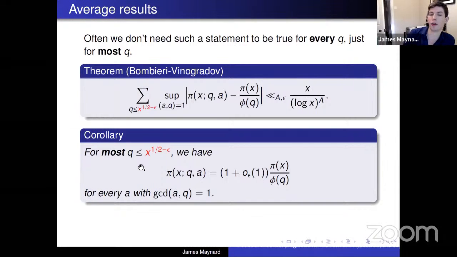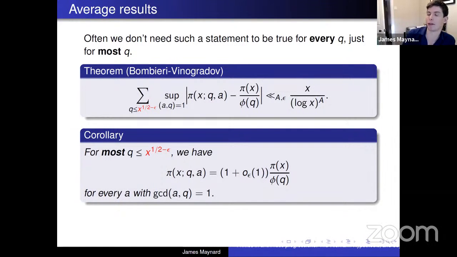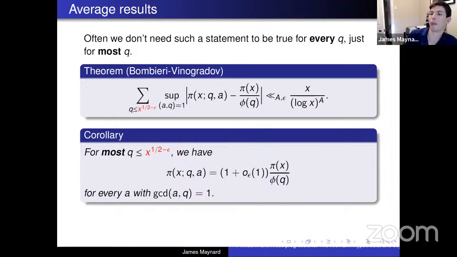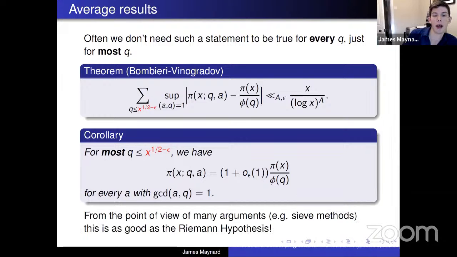So this is sort of saying that the Riemann hypothesis is true on average, and you correspondingly get strong results about primes in arithmetic progressions if you're allowed to look at just average values of q rather than the worst-case possible values of q. So you allow a small number of exceptions. And the key point of this result is that there are lots of auxiliary arguments where this unconditional result is just as good as the Riemann hypothesis itself.